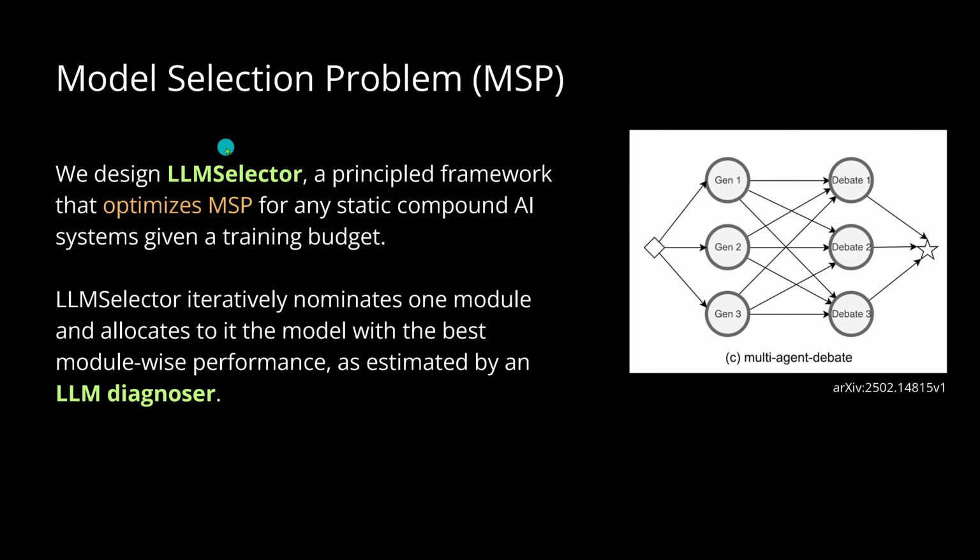So the authors from Princeton and everybody now design an LLM selector. This is a simple framework that optimizes the model selection problem for any static compound AI system given a particular training budget. Time, money, whatever you have. And the LLM selector now iteratively nominates one module and allocates it to the LLM with the best module-wise performance as estimated by another LLM.